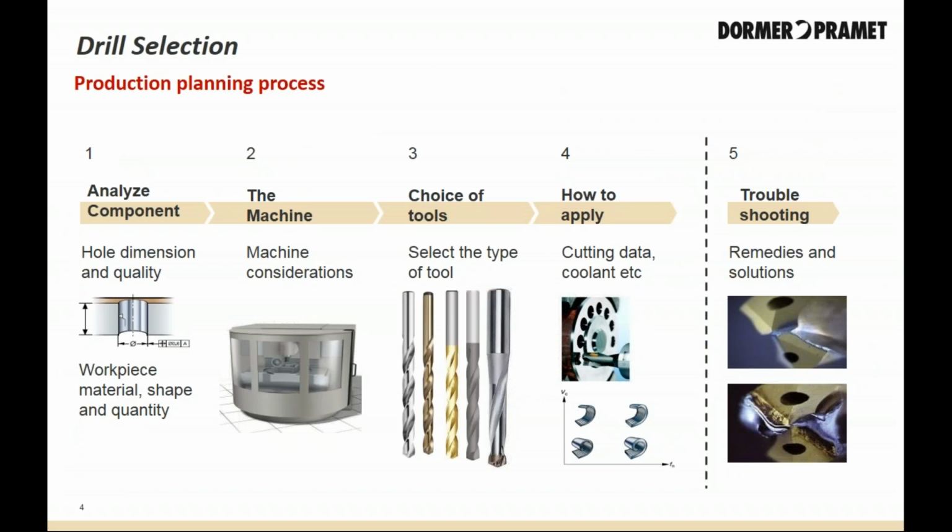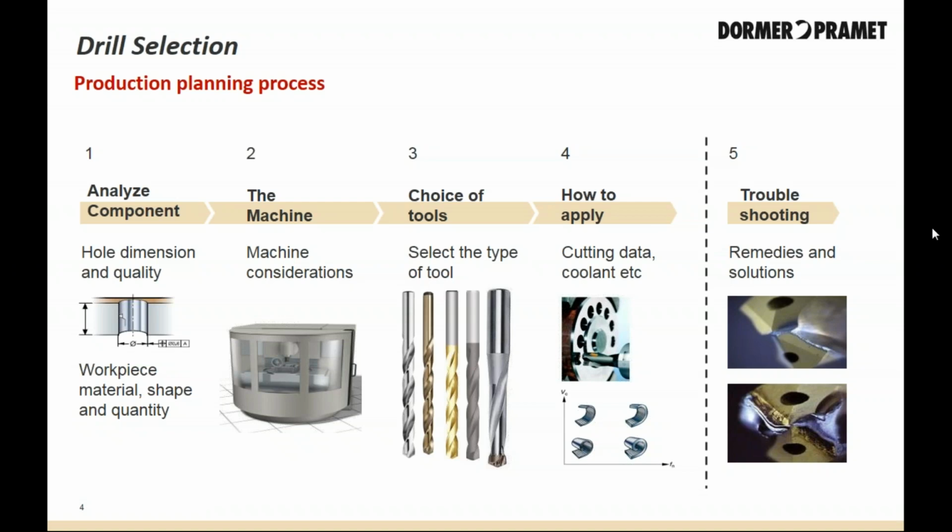After deciding which market area we are working in and having a general idea of the tools we are most likely to use to best address that market area, we can look at a general production planning process as outlined here. The production planning process will include these 5 steps. Number 1, analyze the component you will be drilling. Number 2, choose the proper machine.